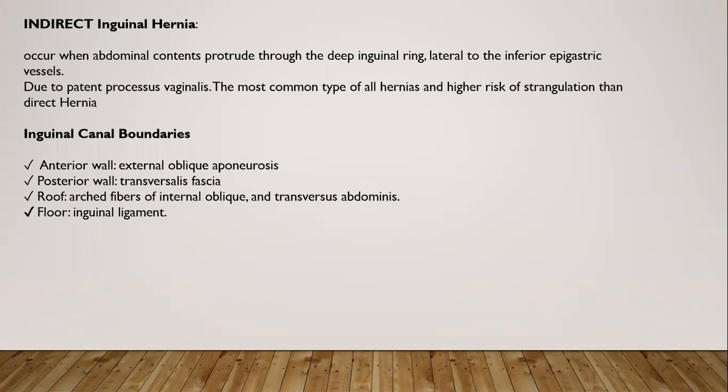It's supposed to obliterate. Now, if it fails to obliterate, it remains patent. That is going to be congenital. And these are the ones that have a higher risk of strangulation than the direct inguinal hernia. So again, we have to know the inguinal canal boundaries. These we have to know.